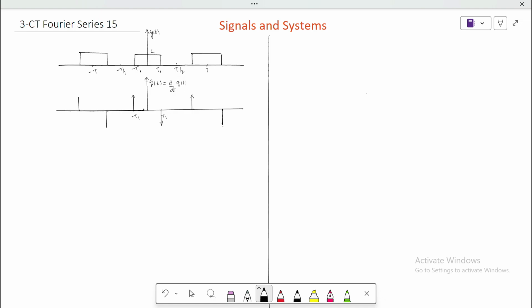This is capital T, and minus T1. From here to here the time period is equal to T, and from here to here is one time period. So this q of t has two periodic impulse trains.